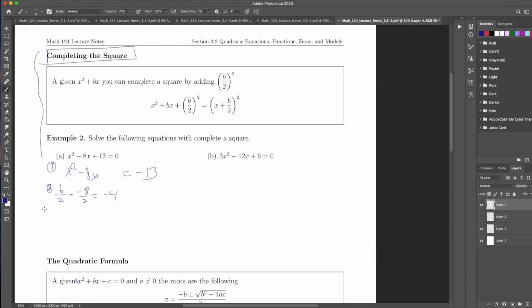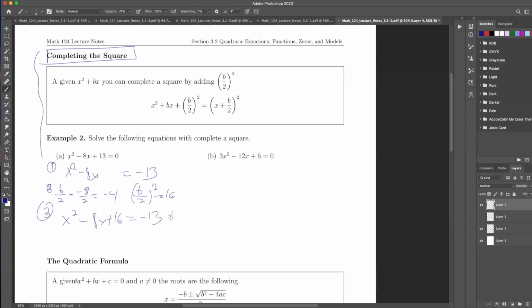So that's step 2. Step 3 will be to take my original equation here and then add b over 2. And then I also want to find out what b over 2 squared is. So if b over 2 is negative 4, squared is 16. All right, so step 3 is I'm going to add 16 to both sides.